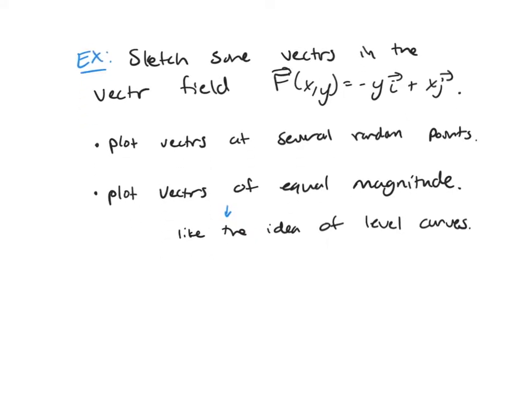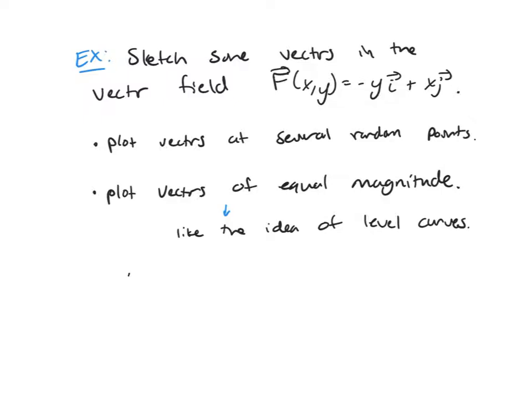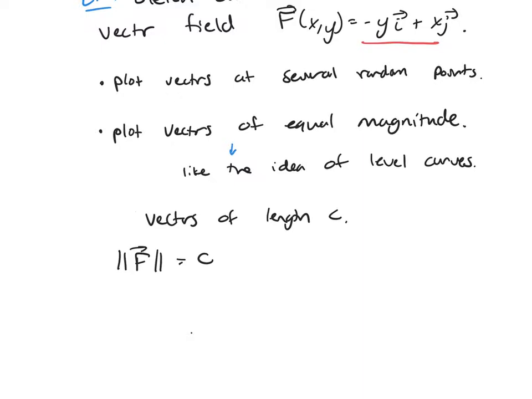So I want to plot vectors of equal magnitude, so I'm going to look at vectors of length c. So I want the magnitude of F to be c. If you look back at your formula for F, it's minus y i plus x j. So the magnitude would be the square root of negative y squared plus x squared.